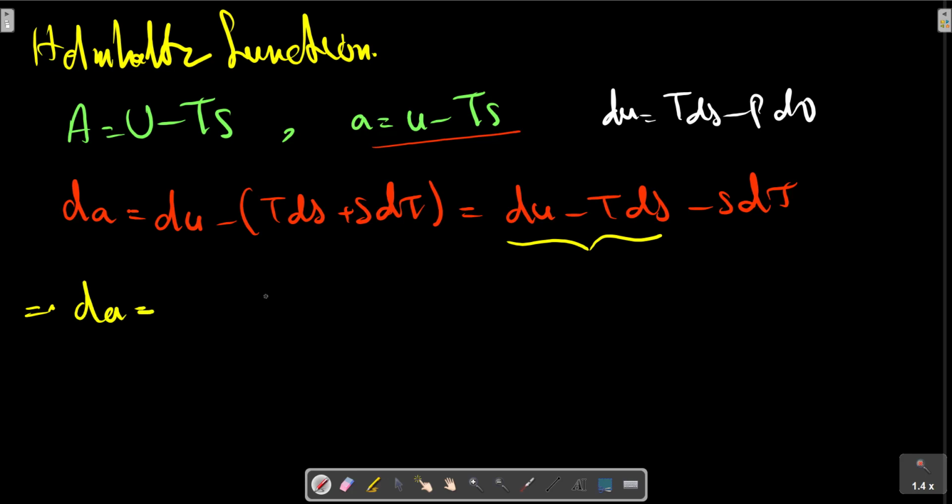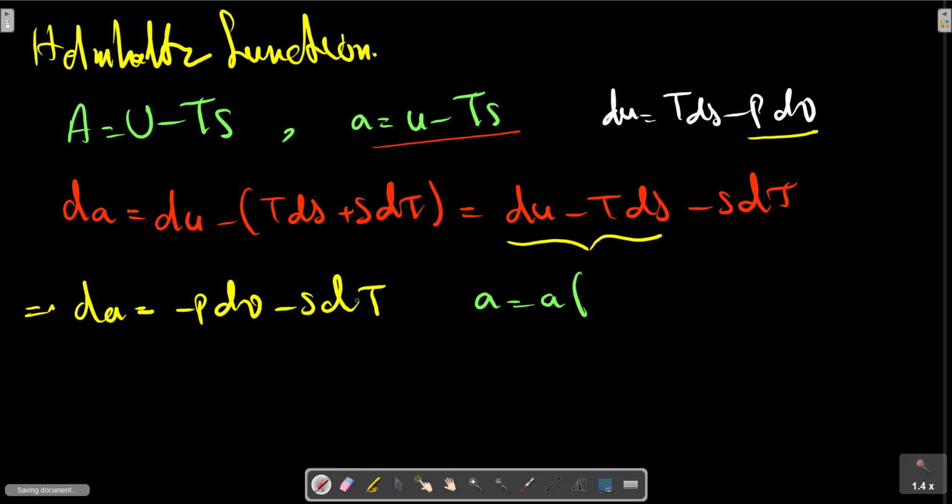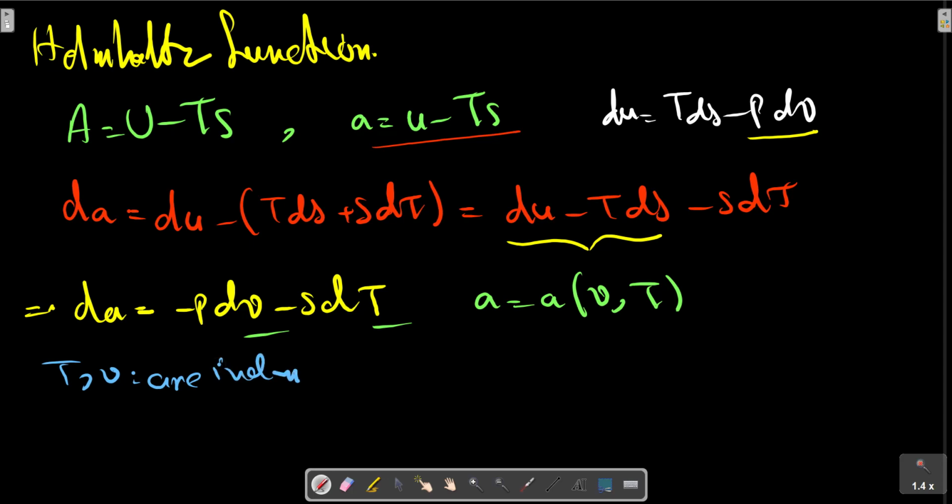So dA equals minus P dV minus S dT. So A is a function of V and T, which is a form of the property relation utilizing T and V as the independent properties.